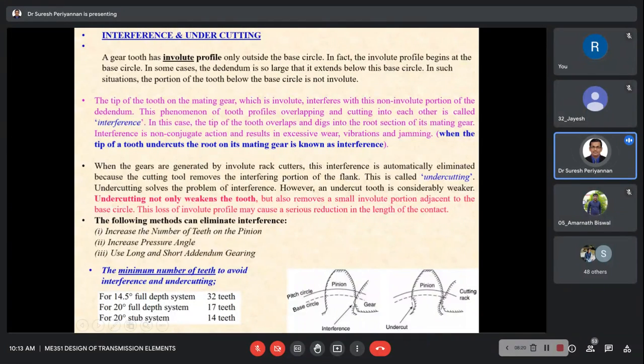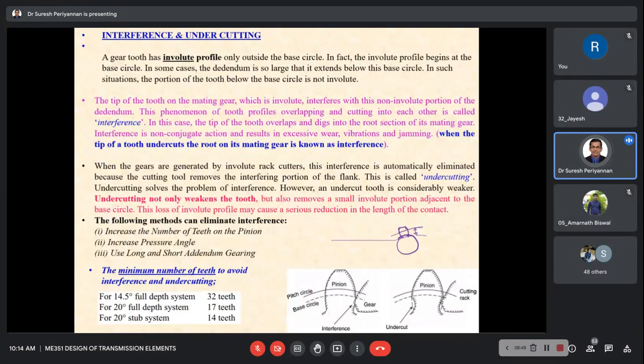Suppose, see here, this is whatever we discussed yesterday in the involute. This is the gear profile, the involute profile, right? Suppose the involute begins at the base circle, then what will happen? Suppose it starts from here, then this is the pitch circle, this is the dedendum.